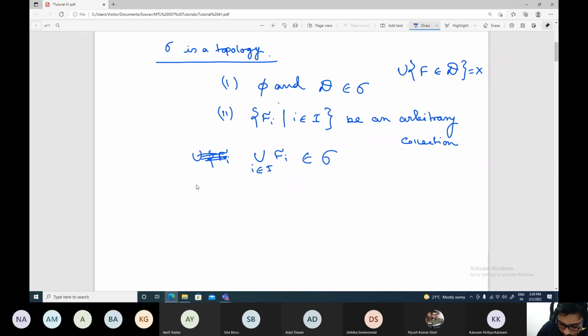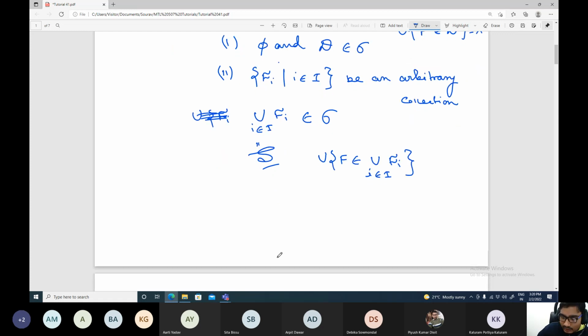To prove the union of F belongs to this set, you can write it as the union over i in I of the union of F belonging to F_i.